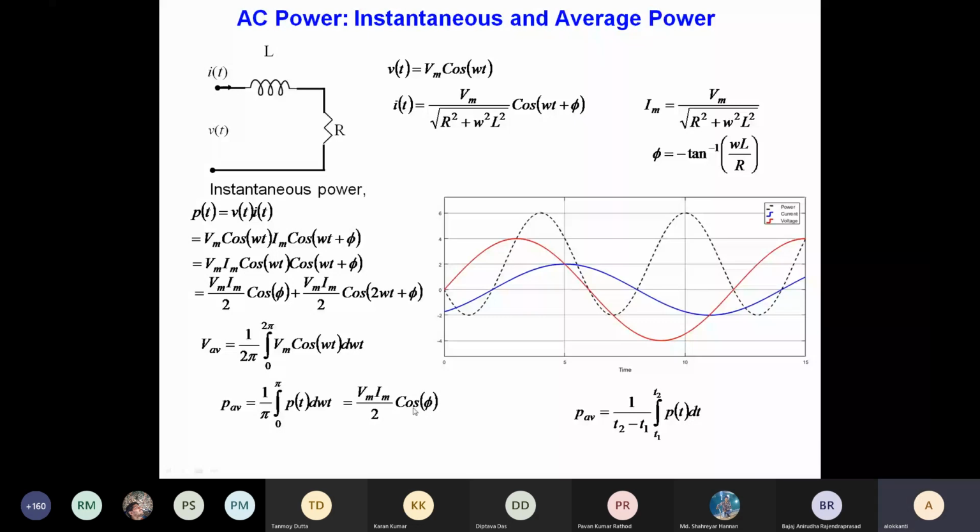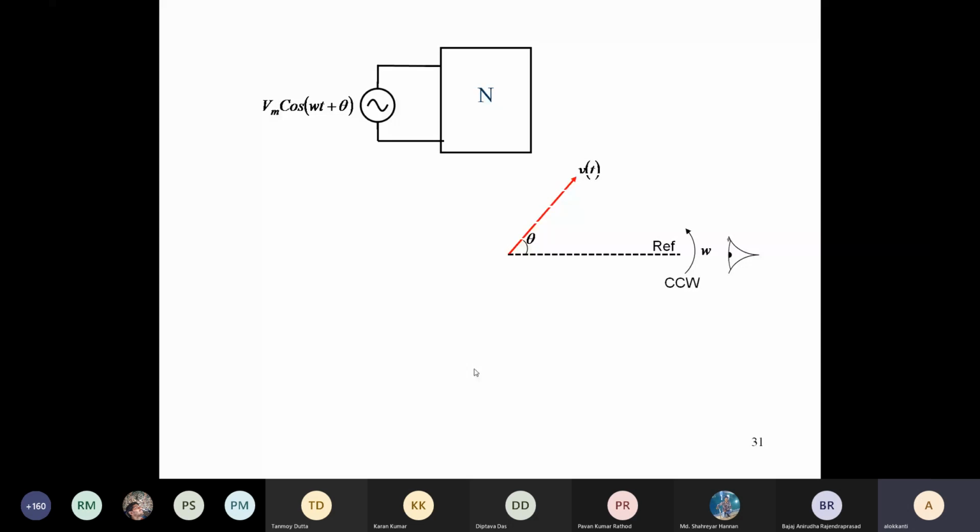We saw that the average power is Vm Im by 2 cos phi. But if the angle between them is theta minus phi, the relative angle is theta minus phi, and the average power is Vm Im by 2 cos of theta minus phi.